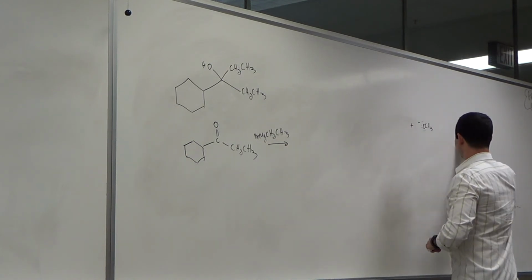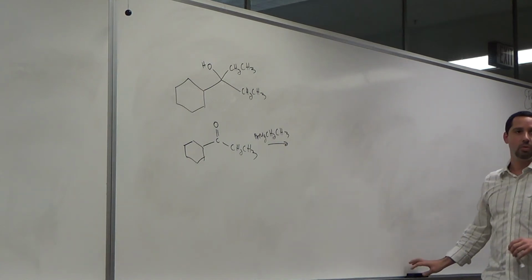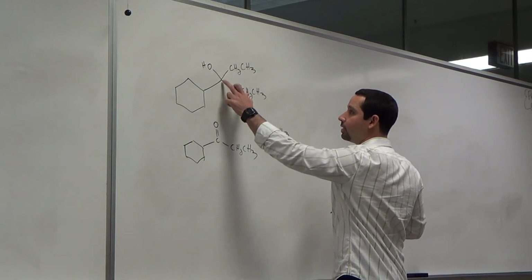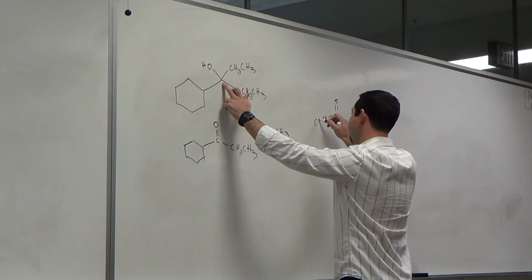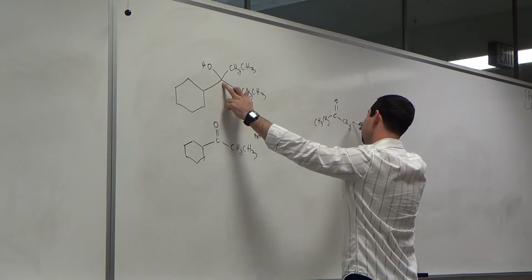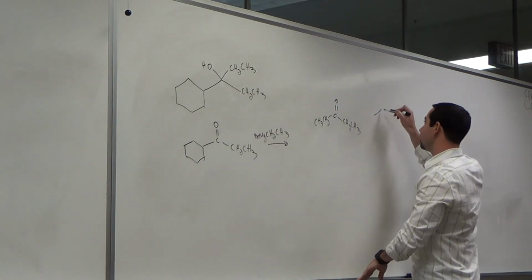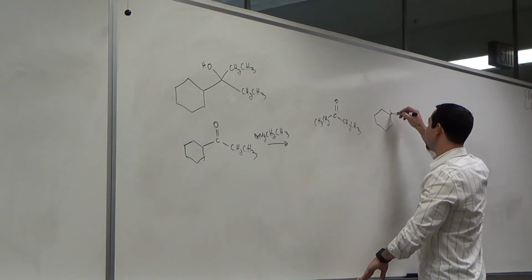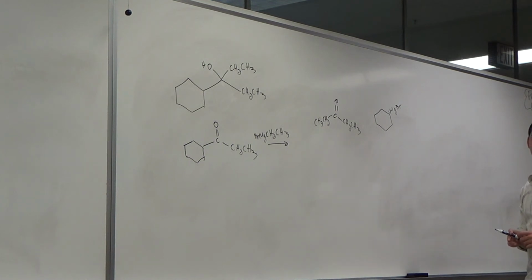What was the other way? I can make this a ketone and cut this here. I can say this. If I say that, then the Grignard must have been MgBr.